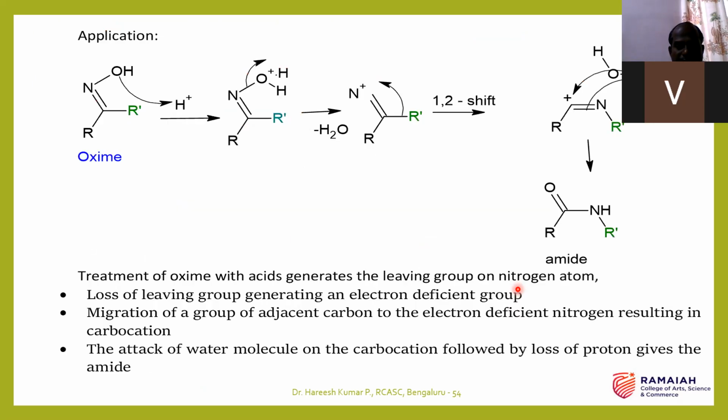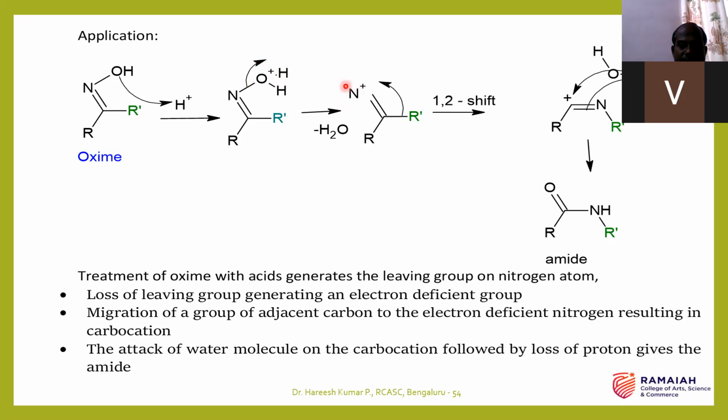Then this is about the general mechanism. Instead of R and R dash, it can be an alkyl group or an aryl group. So this is an oxime. So protonation means the lone pair present on the oxygen can abstract this proton, forming an oxonium ion. This oxonium ion is unstable. It will go along with this bonded pair.